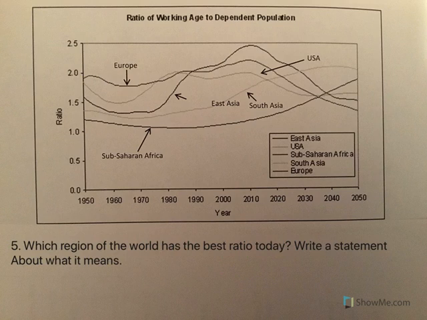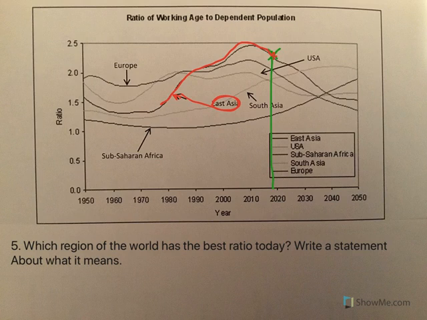And what about today? Well, we're roughly 2018. So this graph here, now this is the hard part on this. You've got to figure out who this belongs to. So I'm going to follow this around. It looks like this is the arrow, and that belongs to East Asia. So East Asia has the best inverse ratio today because they have the most workers per dependent.